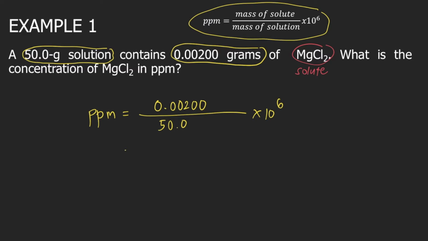So 0.00200 divided by 50 times 10 raised to 6, this is equal to 40 ppm. And this is the answer to the question.